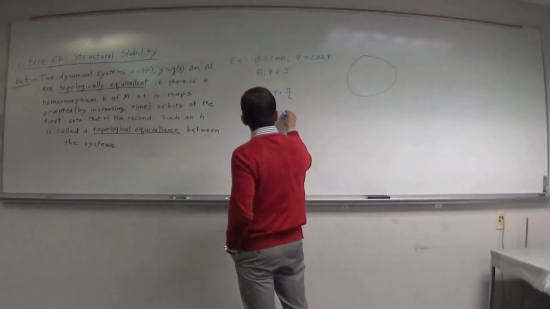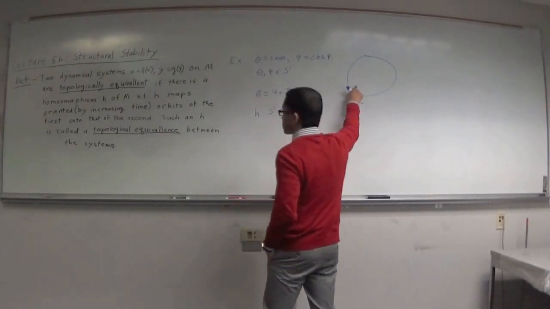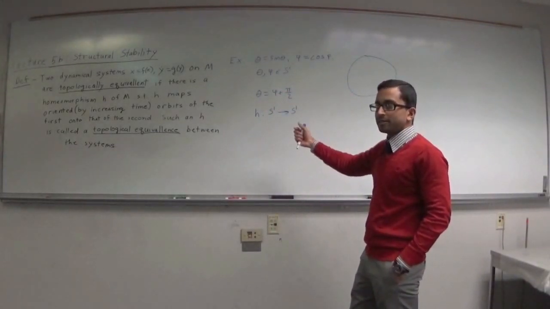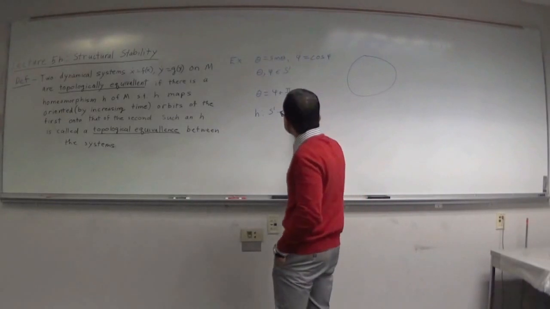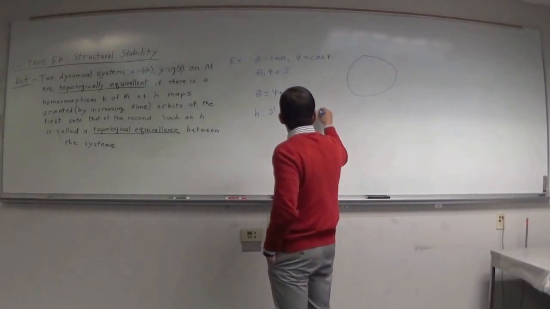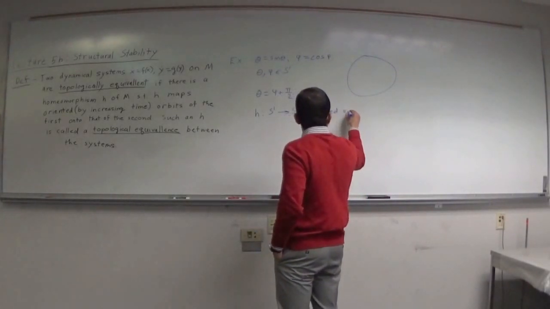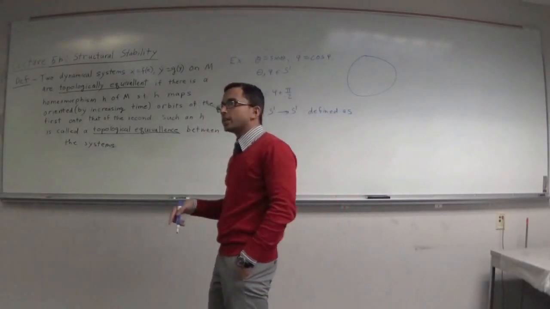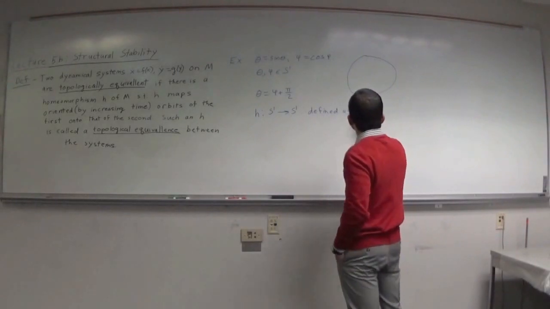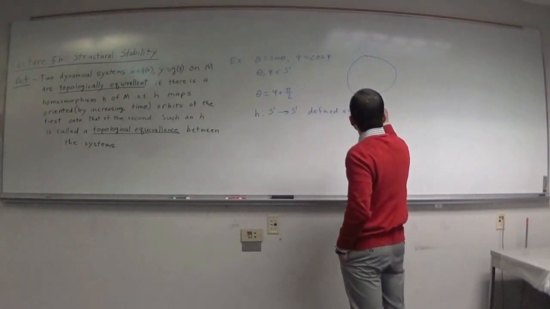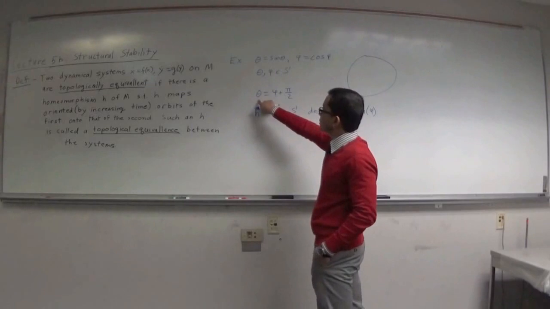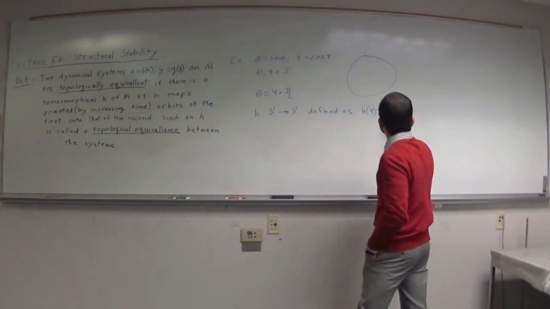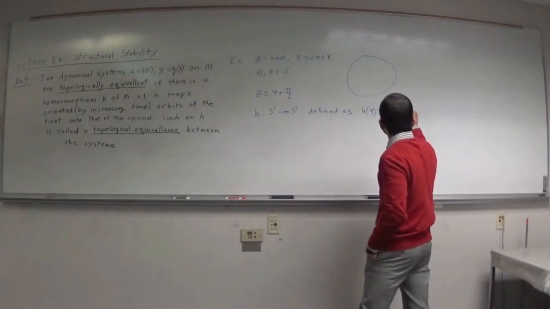So it's just going to map this circle back to the circle. But now we want to define it in such a way where the orbits of one map to the orbits of the other. So let's define it as this. Since we chose theta to equal a function of phi, we're going to say H of phi equals phi plus pi over 2.